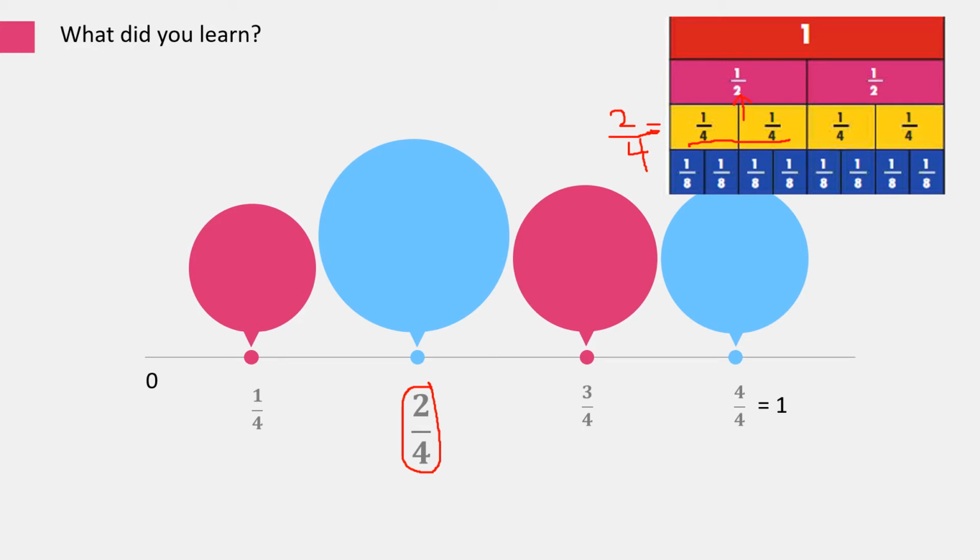Excellent. 2/4 is equal to 1/2, or 2/4 can also be equal to how many eighths? 4. Very good. And 8. So this fraction 2/4 can be equal to 1/2 and 4/8.